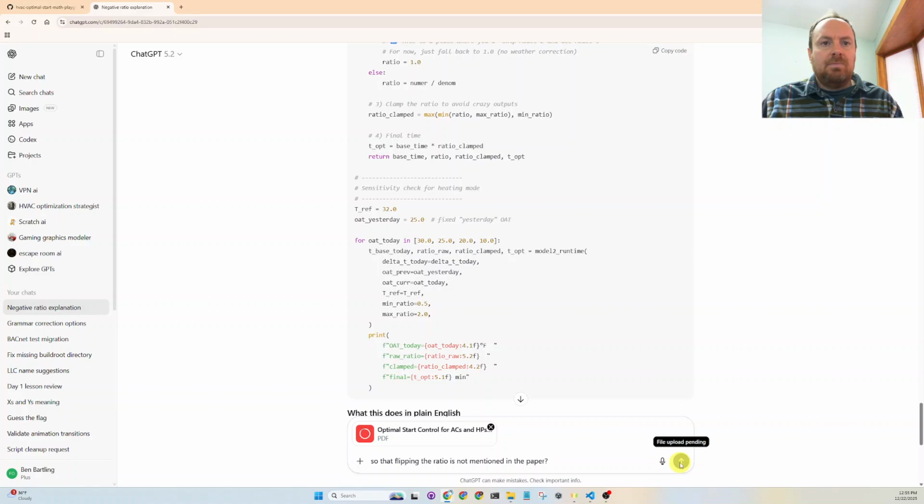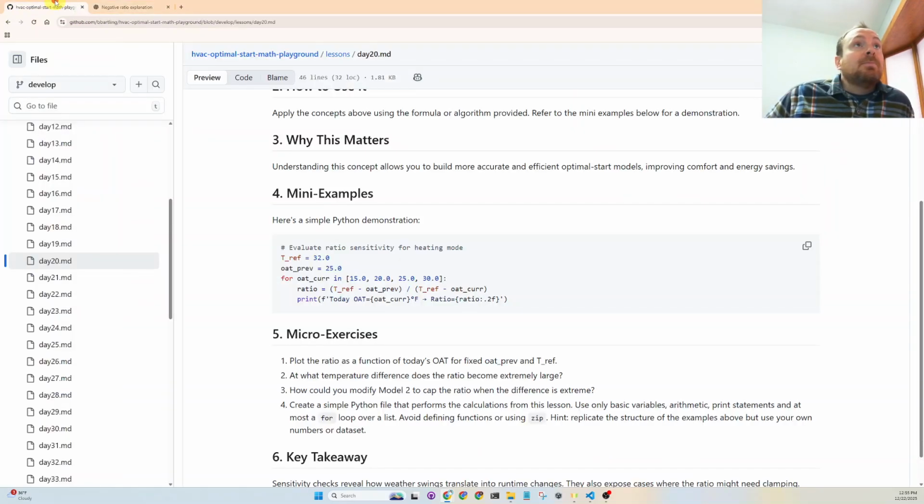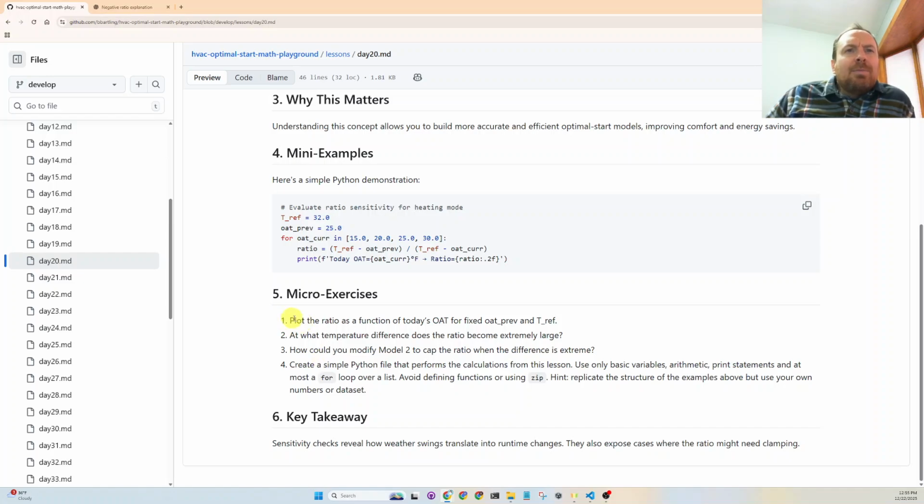Okay, so let's just read. So plot the ratio as a function of outside air temperature per fixed T-ref. What temperature difference? I don't think I'm going to bother doing that because we modified this. How could you modify it?